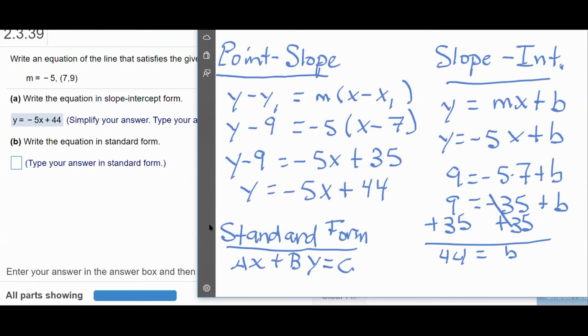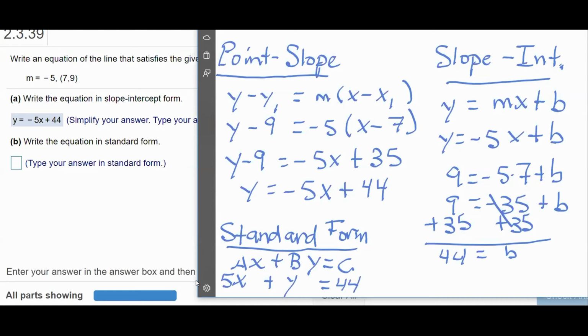That capital B, by the way, in standard form is not the same as the y-coordinate of the y-intercept. All I have to do, whichever method I've used, is add the 5x. And I'm going to get 5x plus y equals 44.